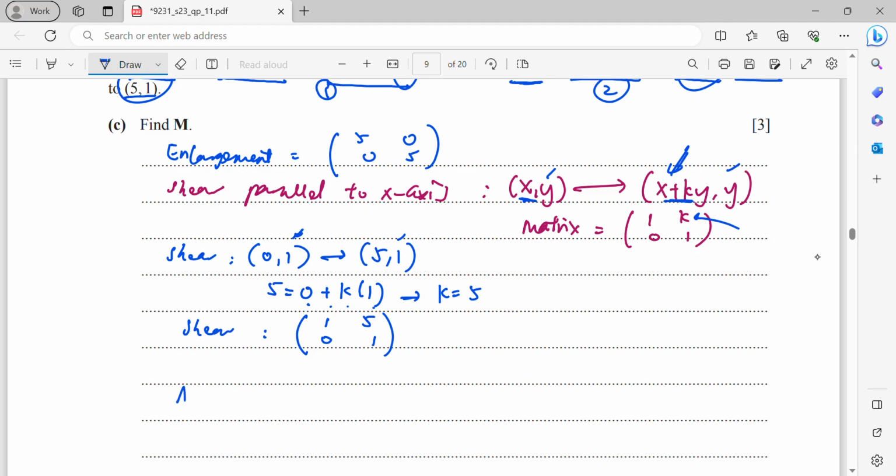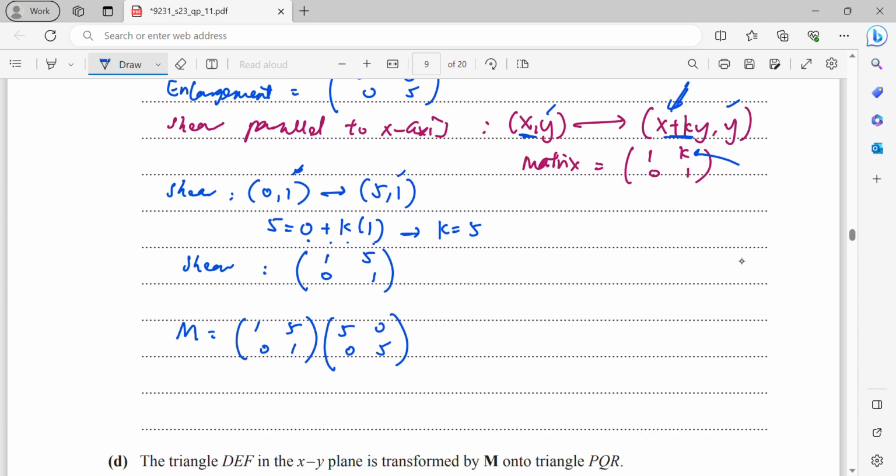Now my M: since the first transformation is (5, 0, 0, 5), an enlargement, we will write it at the back. Then the front matrix is going to be the second transformation. Then I will just do the expansion to get M. So when I do the expansion, it will be row 1 times column 1.